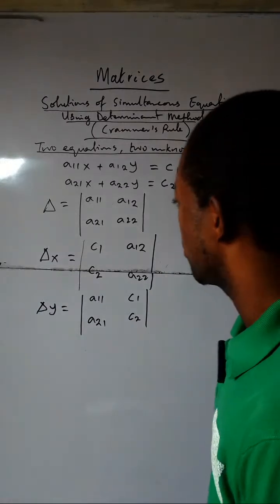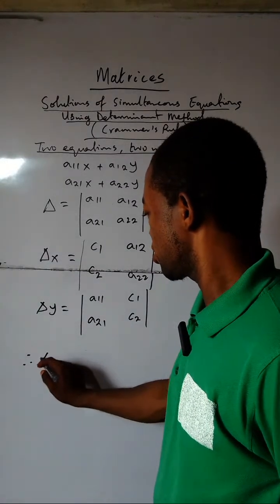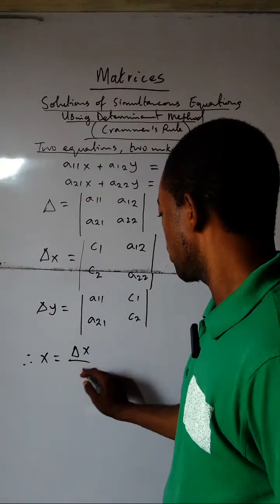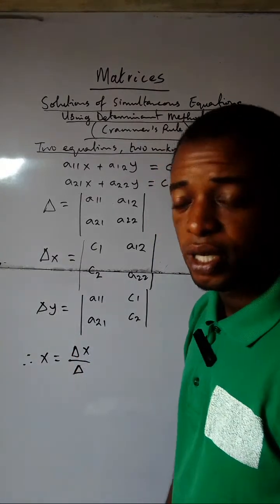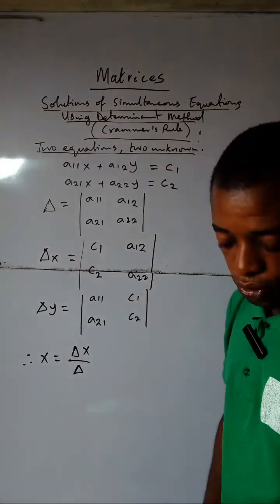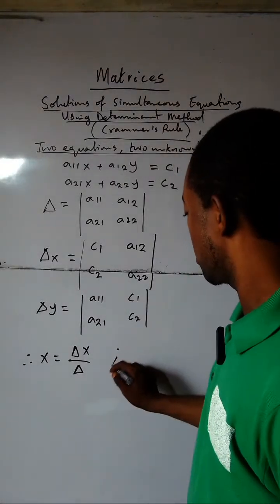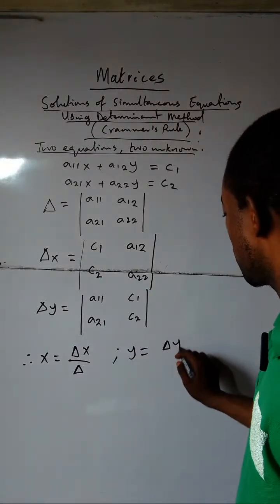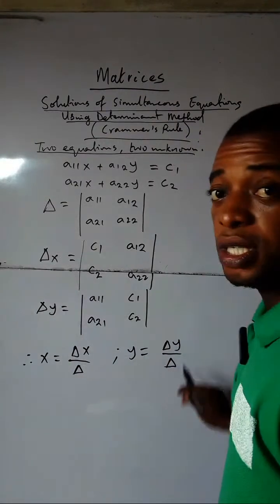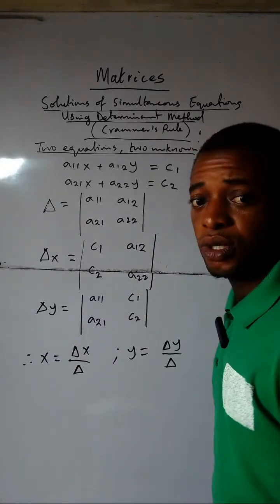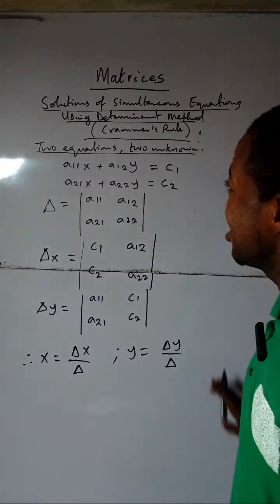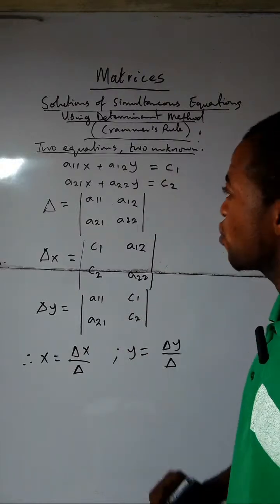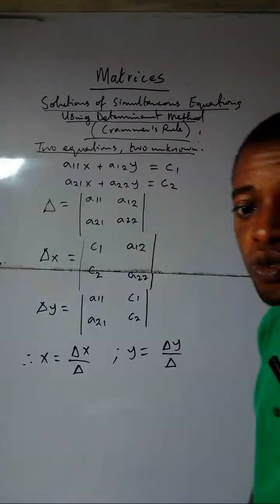Therefore, x will be determinant with respect to x over the determinant, and y is determinant with respect to y over the determinant. This is the general format to solve simultaneous equations using the determinant method, also known as Cramer's rule, for two equations in two unknowns.